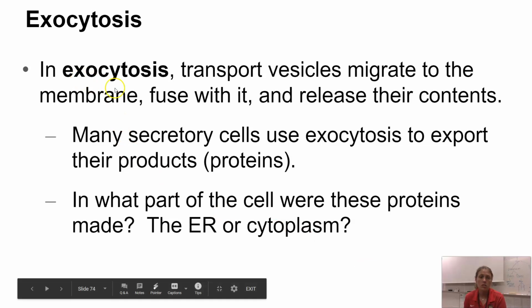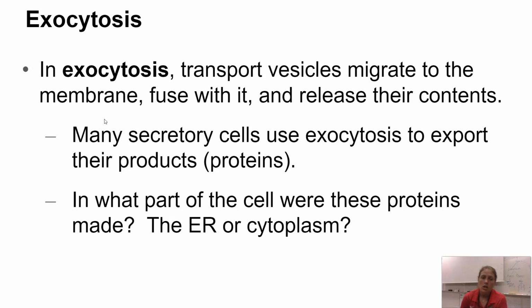So for instance, exocytosis, you're going to see this in a lot of these things called excretory cells or secretory cells. These are cells that need to get things out, okay? So examples for humans, we have oils on our skin. So skin cells have sebaceous glands that need to export oils.